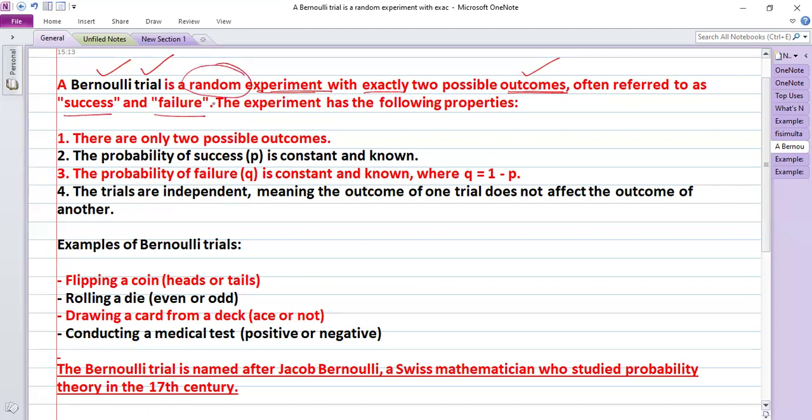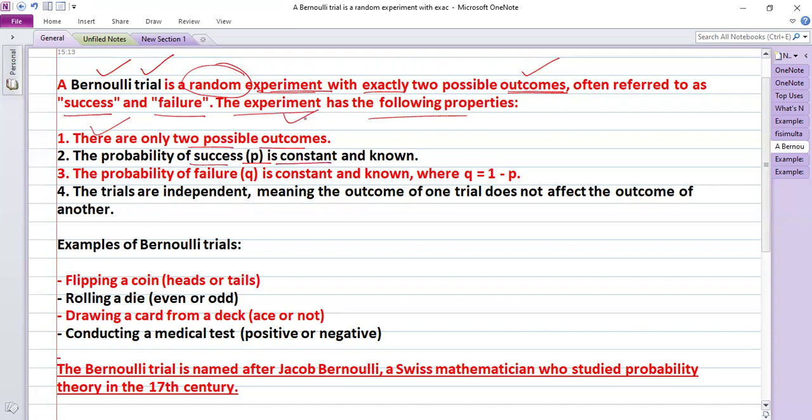Now, the Bernoulli trial has the following properties. There are only two possible outcomes, one of them will be success and another failure. The probability of success, usually denoted by P, in a single trial is constant.